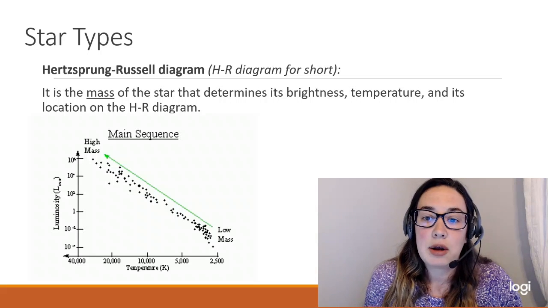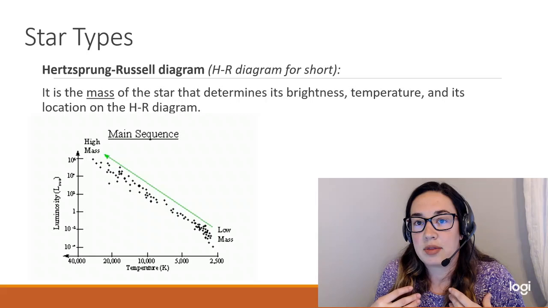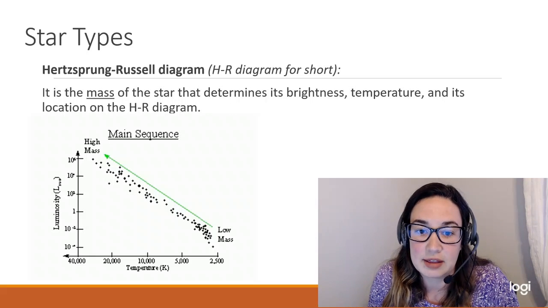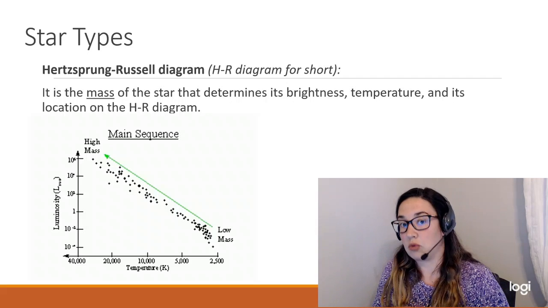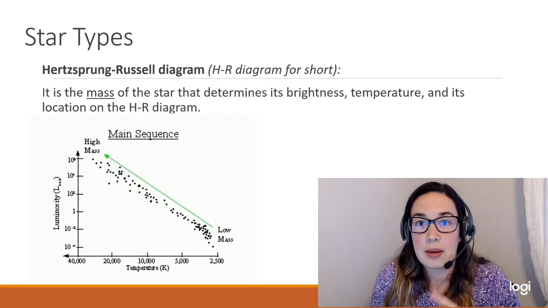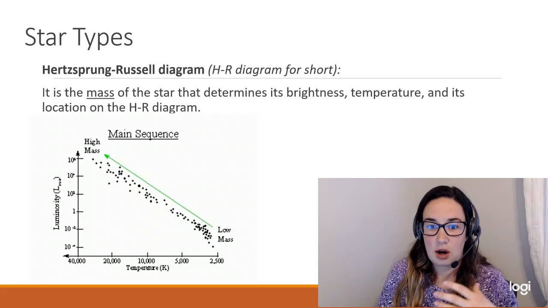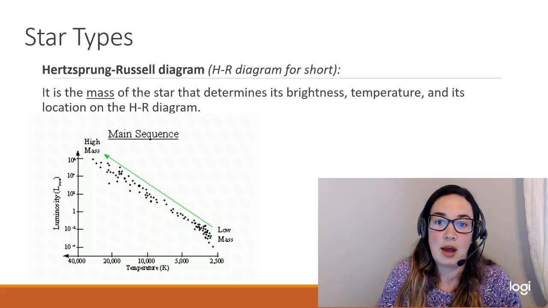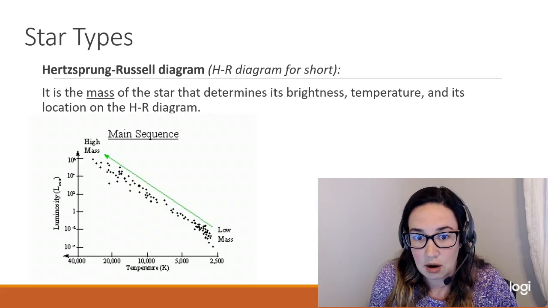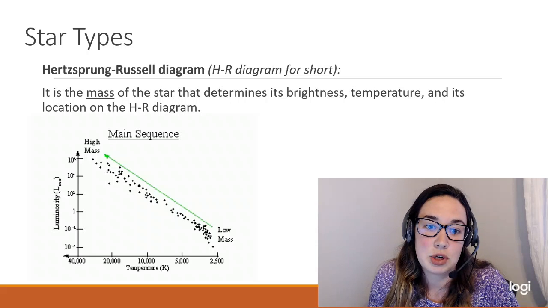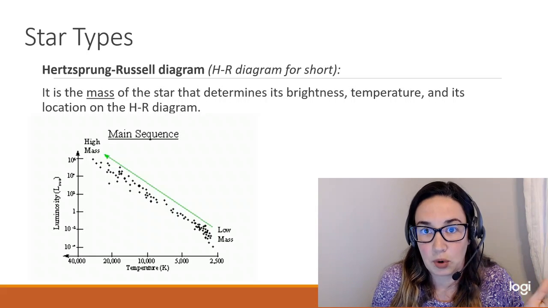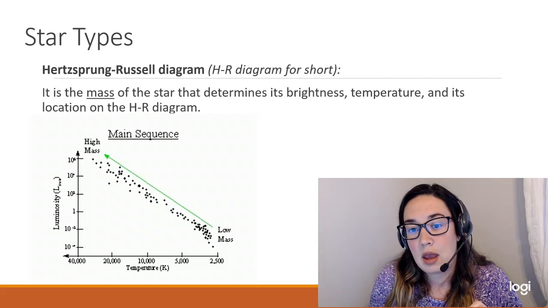Okay, so how do we determine the star's brightness, temperature, and location on the HR diagram? Well, they fall in a range on this chart. It is actually the mass of the star that's determining where it's going to fall on the HR diagram. So your highest mass stars are going to be your highest temperature and your brightest, so they're going to be on that upper left portion of the HR diagram.